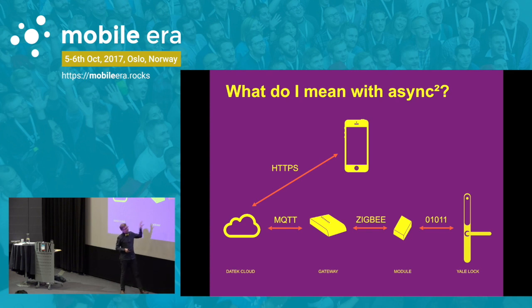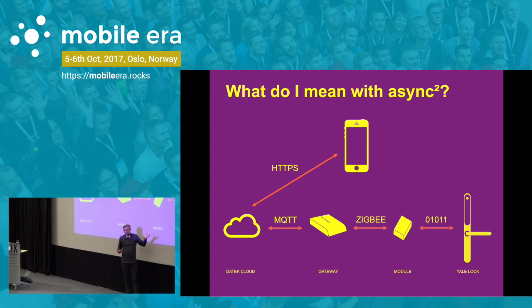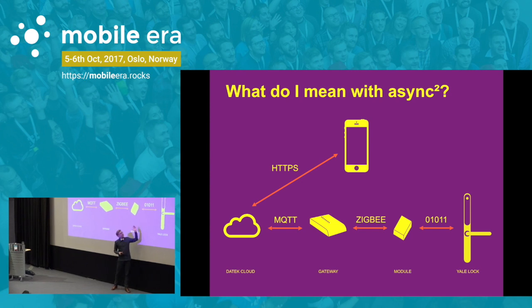That gateway then has to tell a module attached to the lock to open or close, and the module then sends a binary signal to the lock, which then opens. So you see, our use case is much harder than just regular HTTP to the cloud. We have to go 3 steps further, and that's another level of asynchronicity than we're used to.